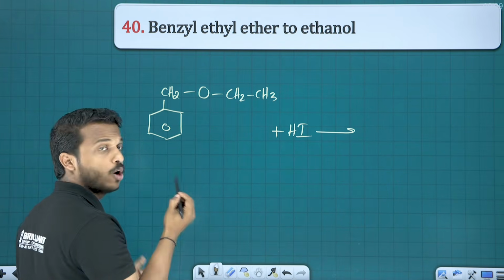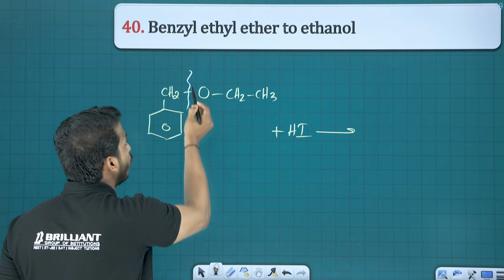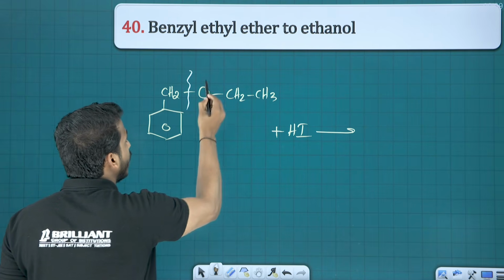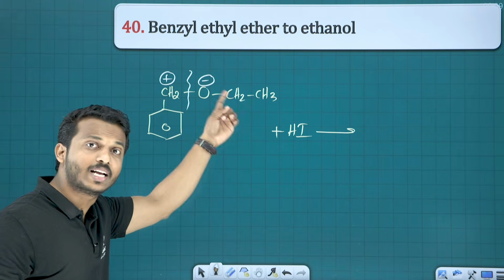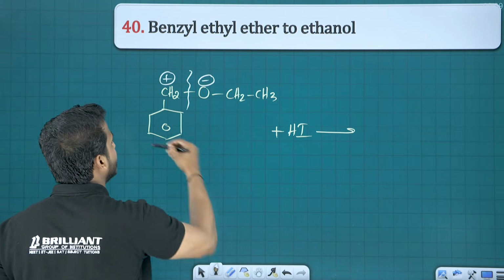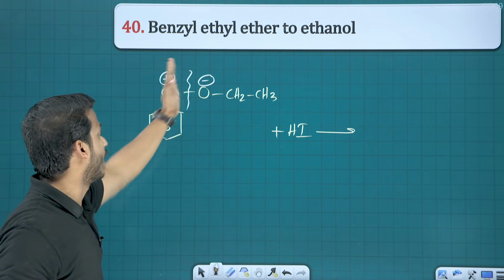What happened? Which bond breaks? I will break this bond. Why are we breaking this bond? If you break this bond or this bond, check the stability. If you break here, you will get O minus here and carbon plus. Always oxygen minus, carbon plus, okay? What is this carbocation, my dear? Benzyl carbocation. It is more stable due to resonance. Therefore, we break this bond.